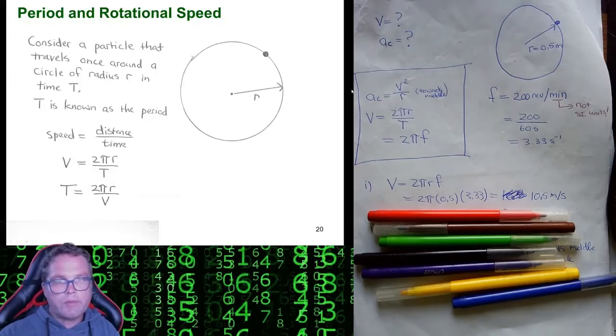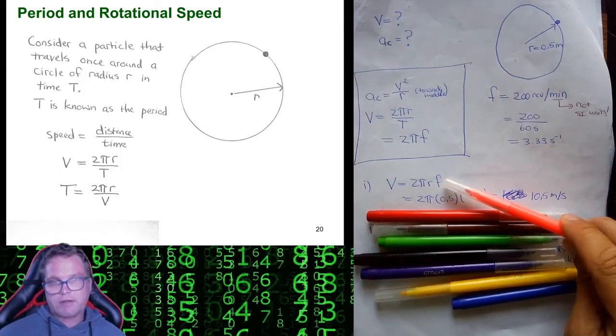You will remember that previously we saw this expression for the velocity in terms of the radius and the period. You also remember that 1 over period, 1 over capital T, is equal to frequency. 1 over the frequency is equal to the period, and vice versa. So this means that we can rewrite this equation as shown here.